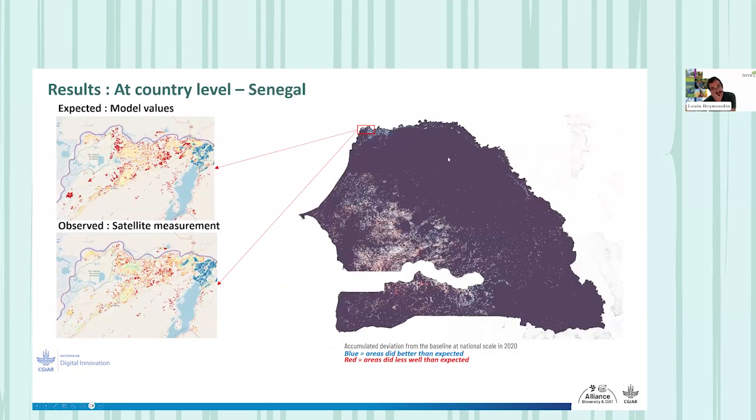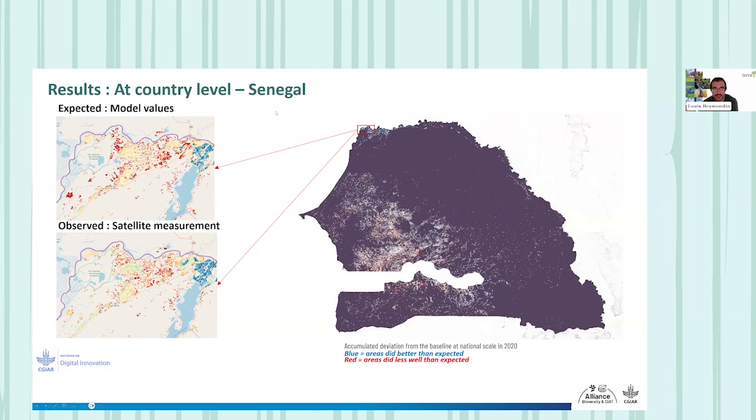And then we can apply this at large scale, here for example for all of Senegal in 2023, and start to see where there are strong deviations, positive and negative, between the model and the observed satellite measurement.